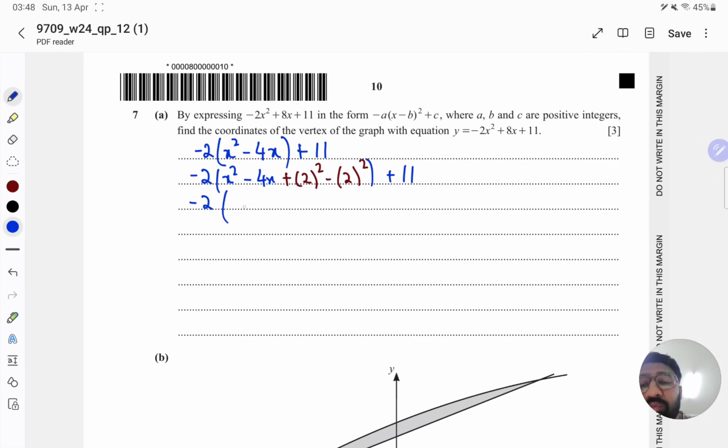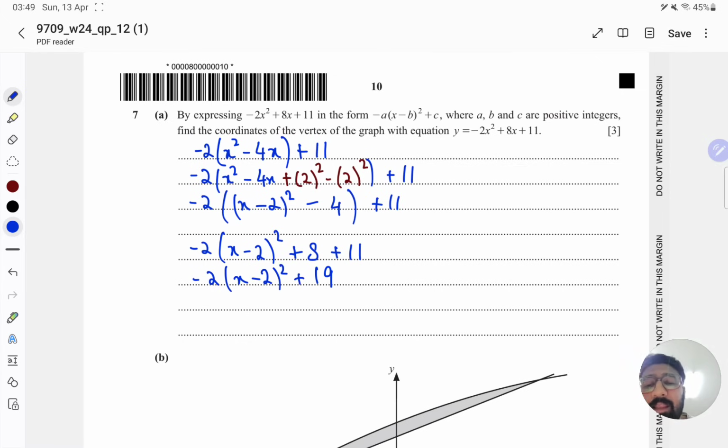Now minus 2 bracket x minus 2 whole square minus 4 bracket plus 11. So minus 2 bracket x minus 2 whole square plus 8 plus 11. So minus 2 bracket x minus 2 whole square plus 19.